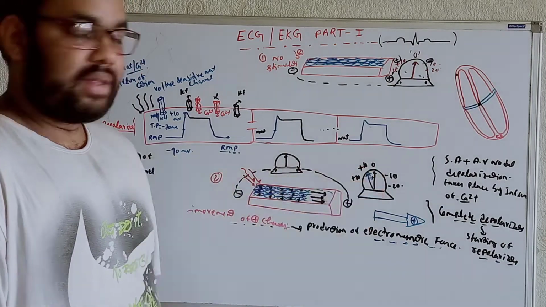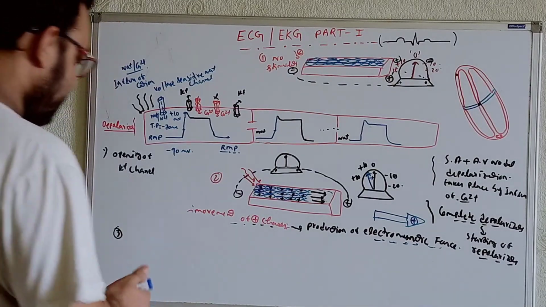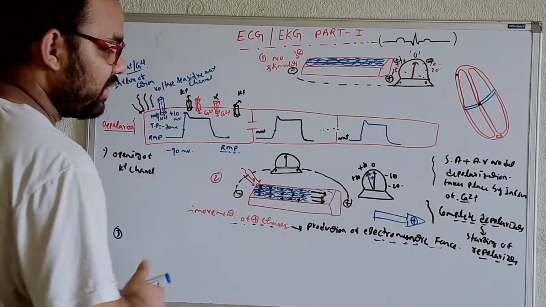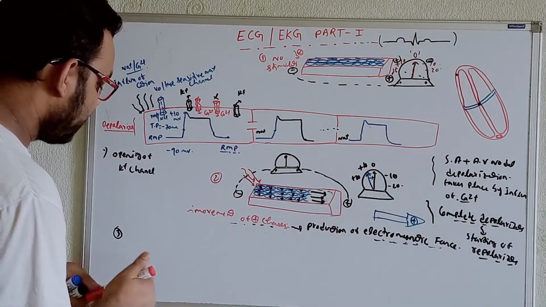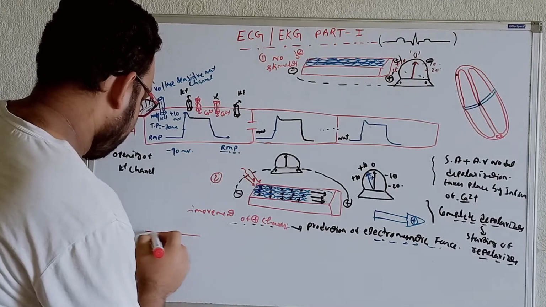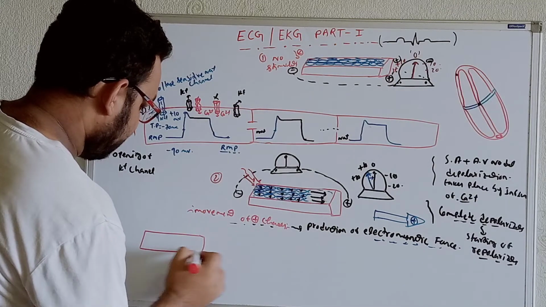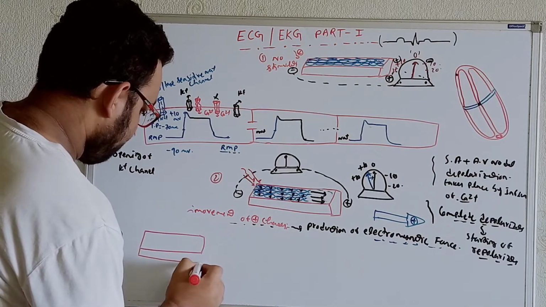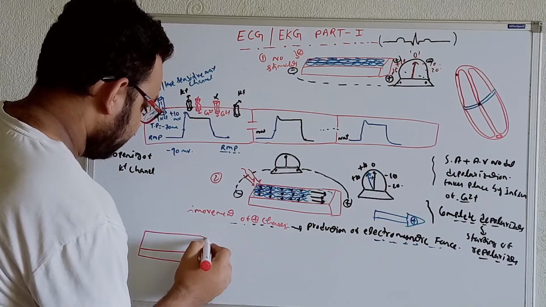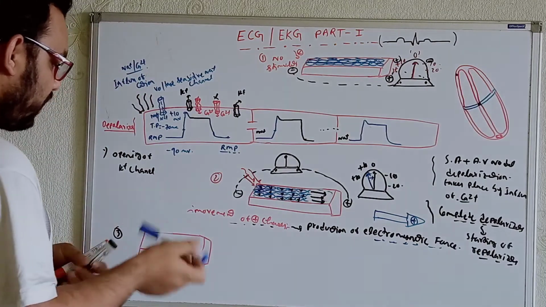Okay, now let's talk about another type of the cells. In these cases we will now get the repolarizations. Here I am taking the same piece of the myocardium. I have already explained that we got the complete depolarizations.